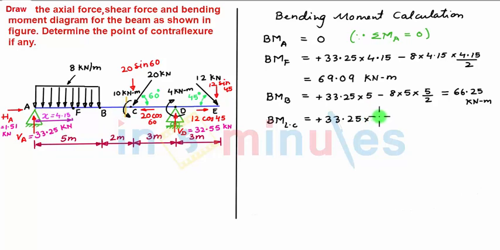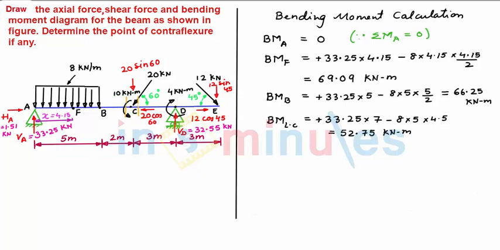Then there will be an anti-clockwise moment due to this UDL. So we have minus 8 into 5, which is the magnitude of the force, and it is acting at the center of this span. So its distance from point C or this section will be 2.5 plus 2, so 4.5. So this comes out to be 52.75 kilonewton meter.